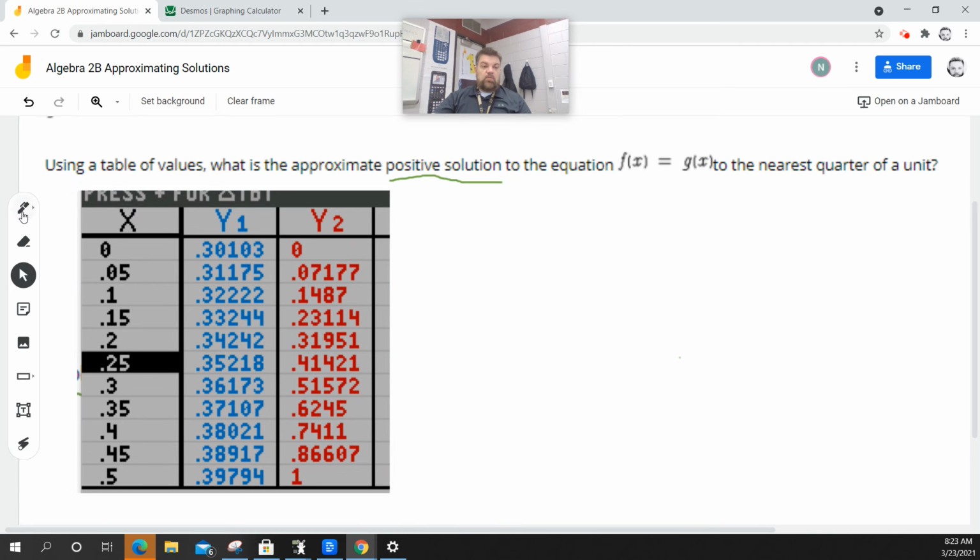So as I look at this, what are my quarter units? Well, the quarter units are from here to here, right? And from here to here. From here to here.